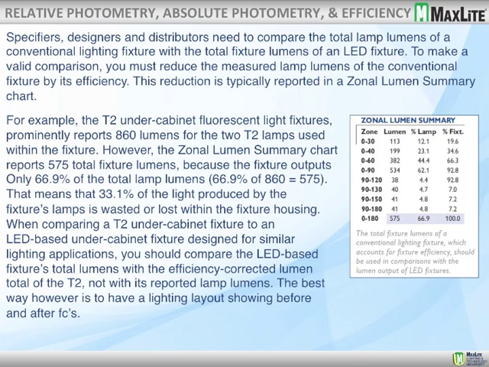So only about 67% of the total lamp lumens is actually leaving the fixture. That means that 33% of the light produced by the lamps is wasted or lost within the fixture housing. When comparing a T2 under-cabinet fixture with an LED-based under-cabinet fixture, you must compare the LED-based total lumens with the efficiency-corrected lumen total of your fluorescent. The best way, however, is to do a lighting layout if that's at all possible.